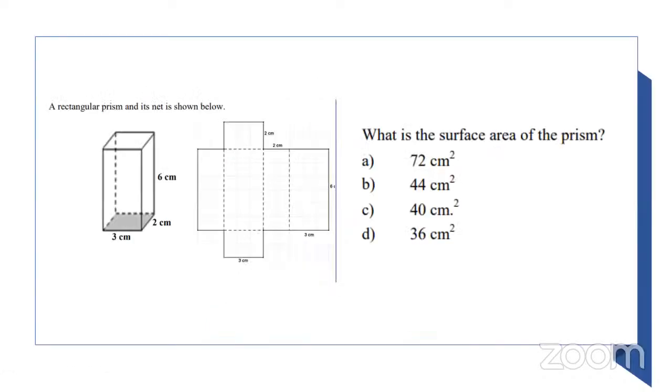All right, so here is a sample CBT item in regards to surface area, and I want you guys to approach this, try to explore this one, and tell me the answer that you came up with. Now, for this one, you realize that for this rectangular prism, which is the same as a cuboid, they have shown the net of it.